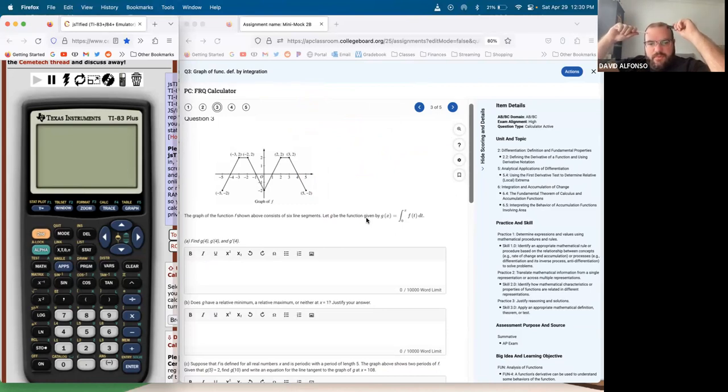Does G have a relative maximum, a relative minimum, or neither at x equal 1? Justify your answer. So you guys see if you could figure that one out.